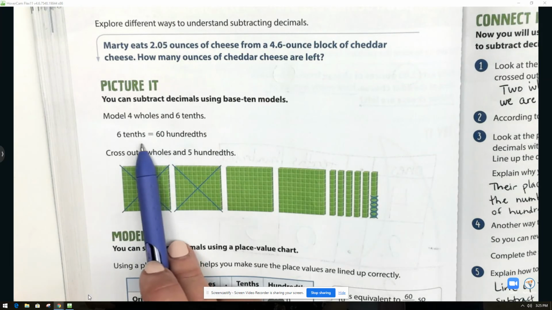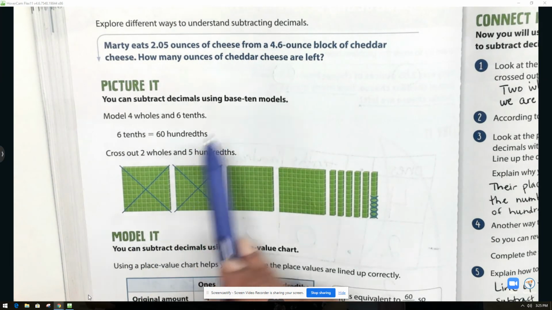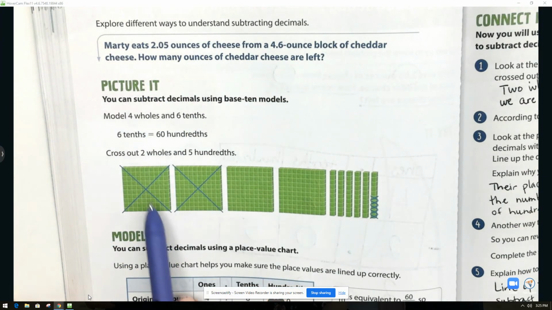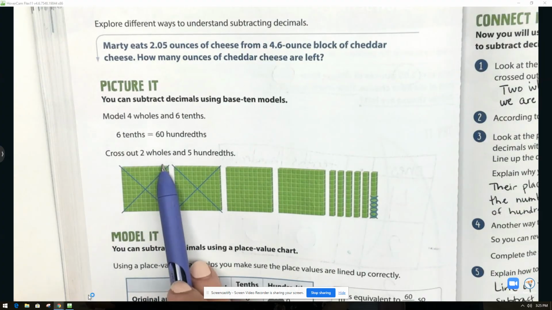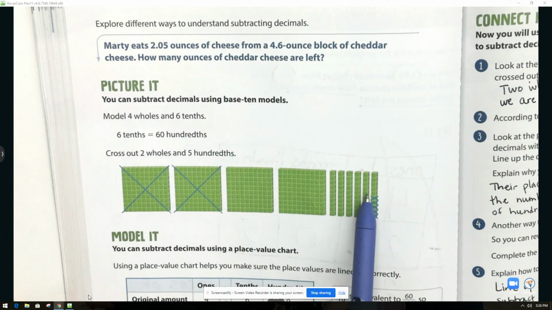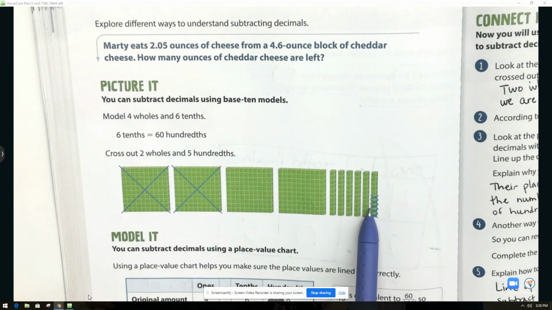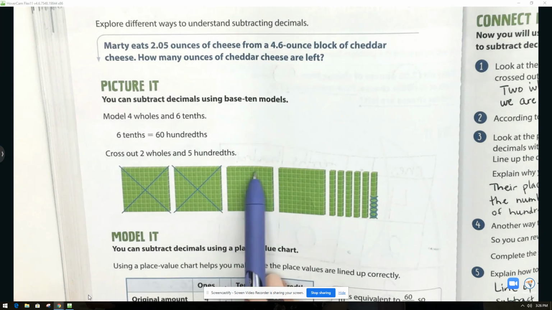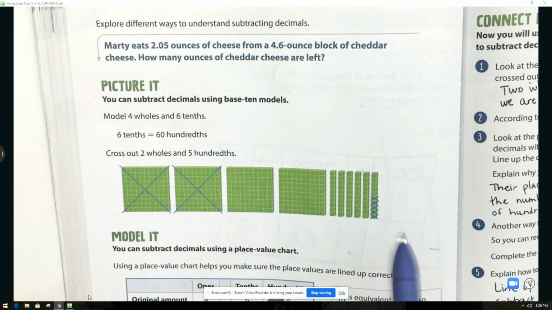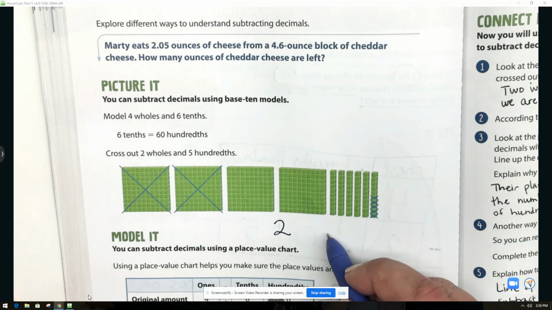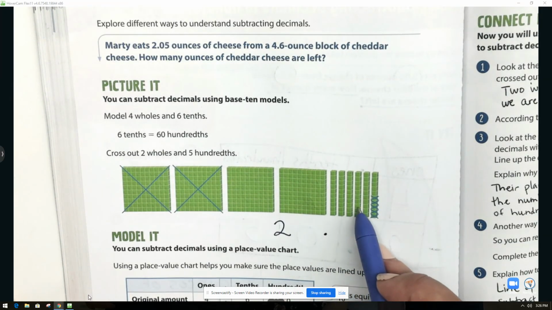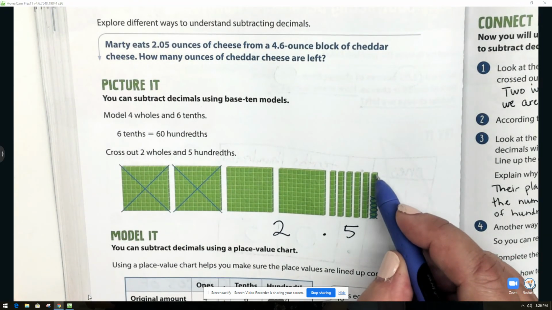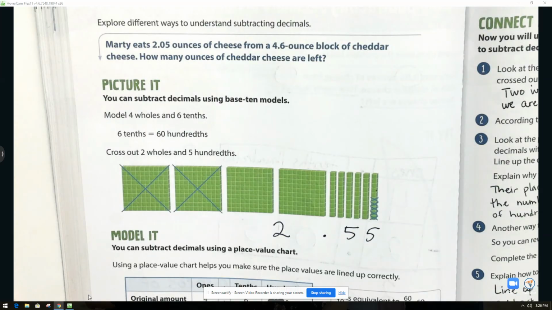Then we cross out 2 wholes and 5 hundredths because Marty eats 2 wholes and 5 hundredths. So if we cross out 2 wholes and then we cross out 5 hundredths, that gives us our remainder of 2 wholes, and 1, 2, 3, 4, 5/10 and 1, 2, 3, 4, 5 hundredths.